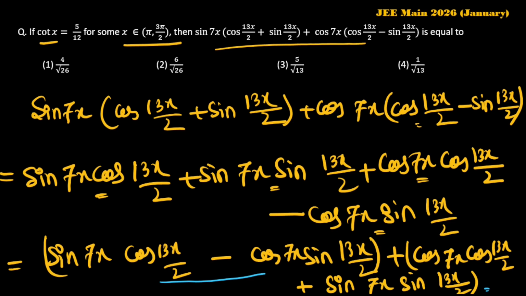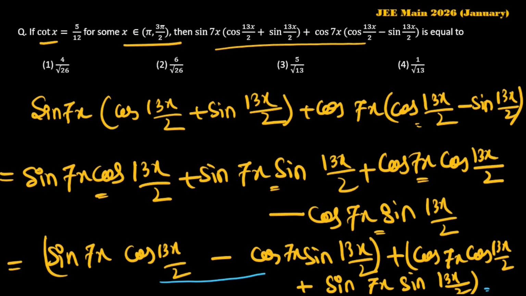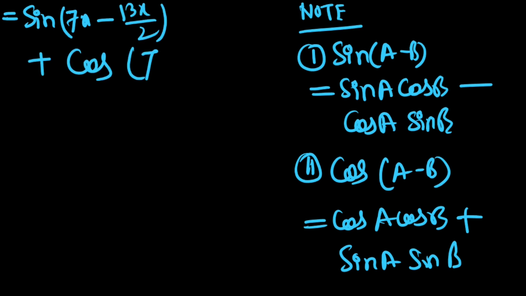So we use these two identities, and these terms reduce to, where A is 7x and B is 13x over 2. Both cases are the same, so we write sine of 7x minus 13x over 2, and the second terms give cos of 7x minus 13x over 2.